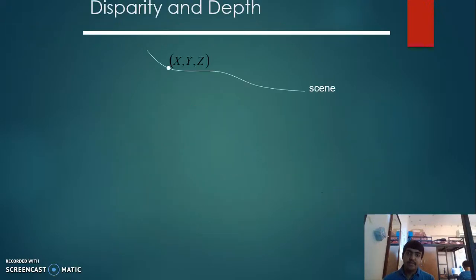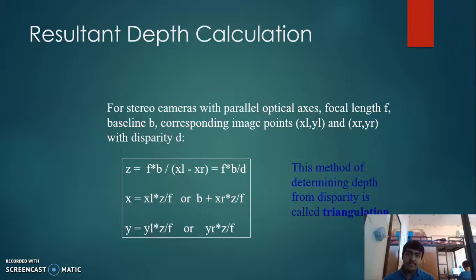Now the resultant depth calculation for a stereo camera with parallel optic axis, focal length F and baseline B, corresponding image points XL, YL and XR, YR.